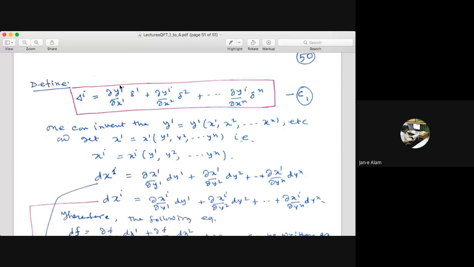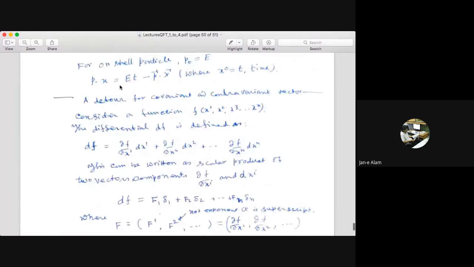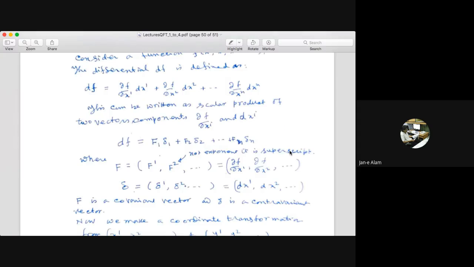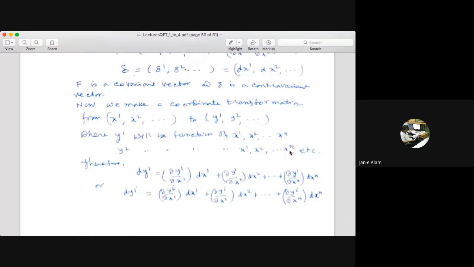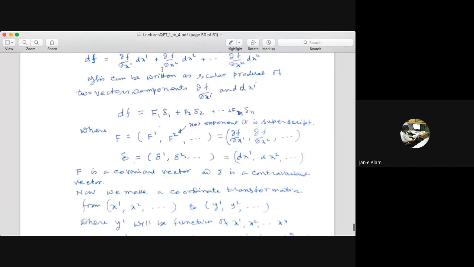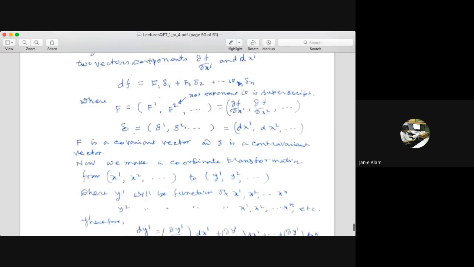If you make a change of basis, see, the gradient which we had calculated in the x coordinates x1, x2, up to xn, we then made a change of variable from x to y. By gradient I mean this ∂f/∂xi, which I called a covariant vector, and dxi I call a contravariant variable.